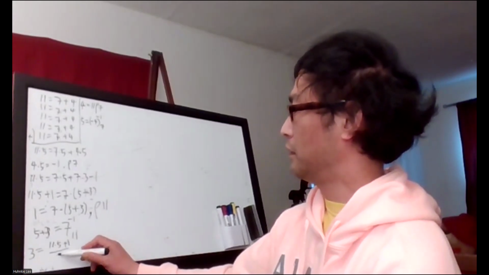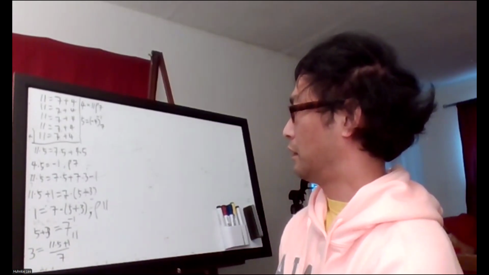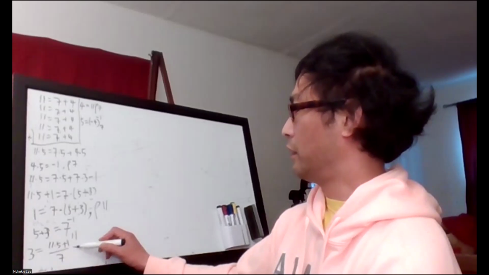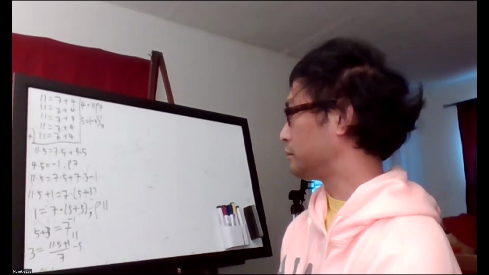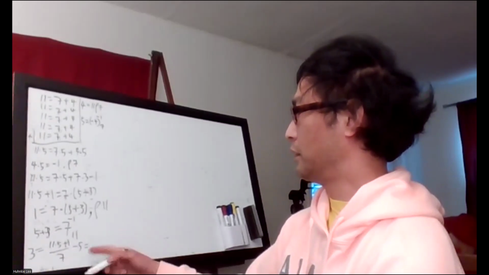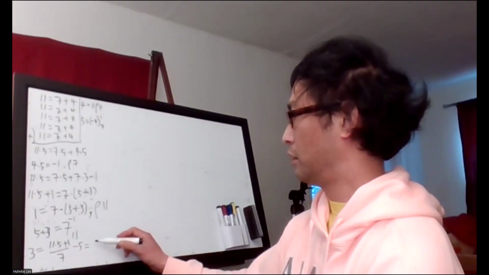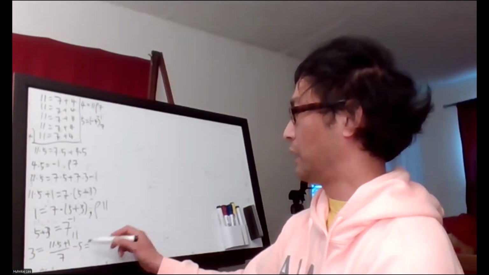divided by 7 minus 5. Okay, which is, if we put 5 in the numerator, 7 times 5, right?